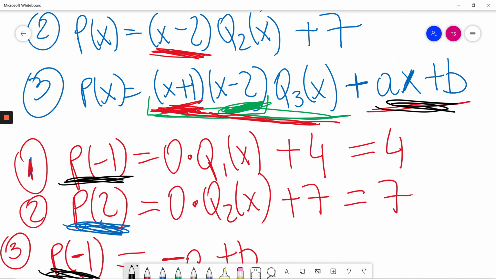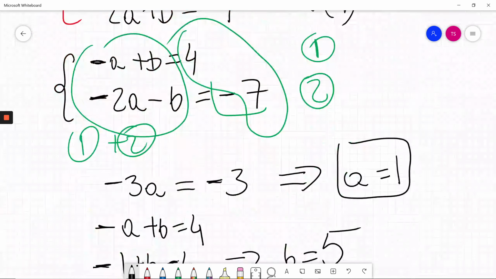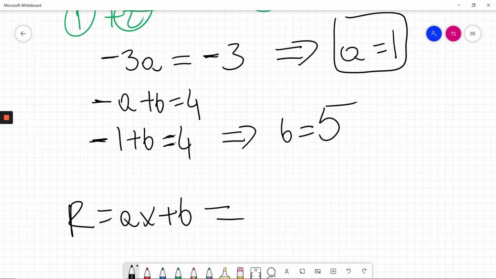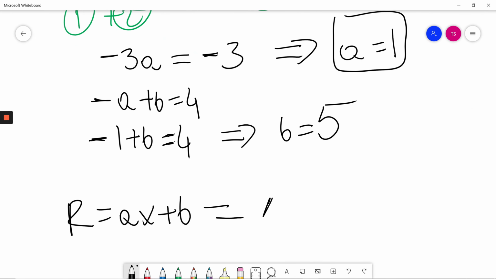This moment, this is my remainder. So remainder is equal ax plus b, which is equal, my a was 1, 1 times x will be just x, plus b, so plus 5. So the answer for this question is A.